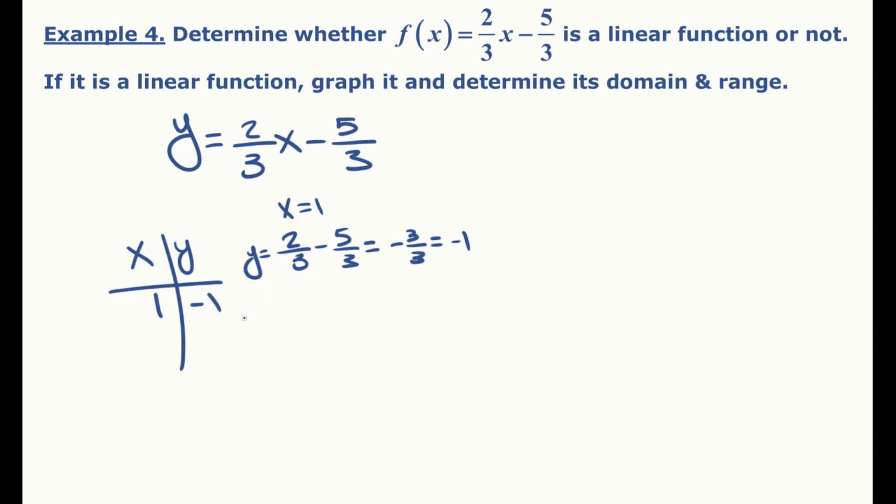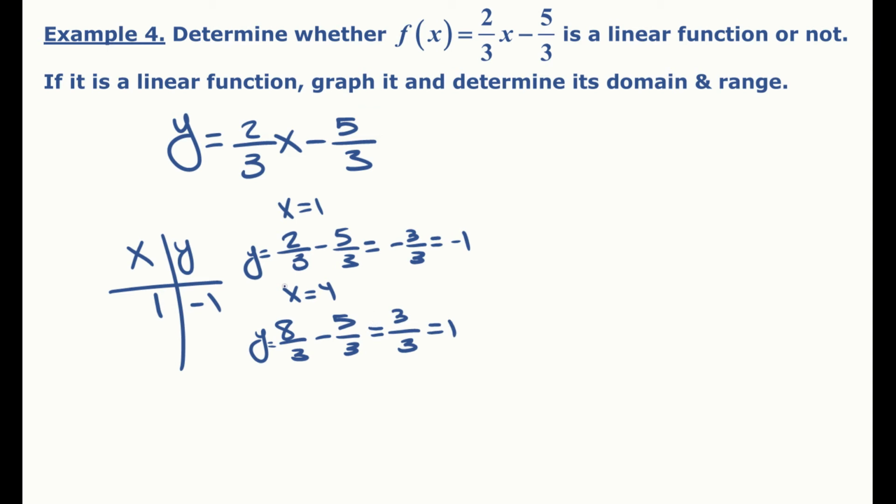And if we substitute 2, we're going to end up with 4 minus 5, which is negative 1/3. That's a fraction. But notice that 3 will not get us a whole number either. But if we go to 4, we get 8/3 minus 5/3. So if x equals 4, we end up with y equals 8/3 minus 5/3, which is also a nice 3/3, which is 1.